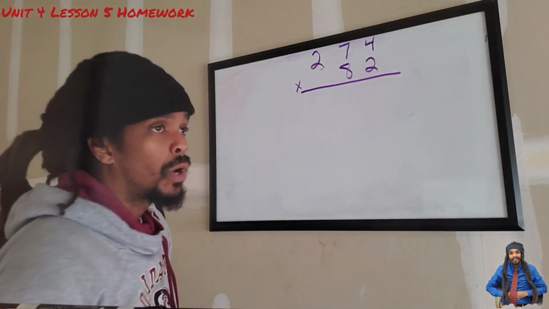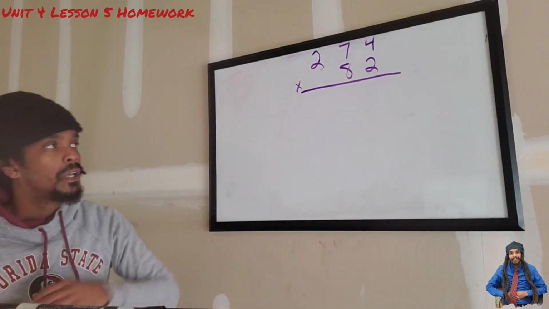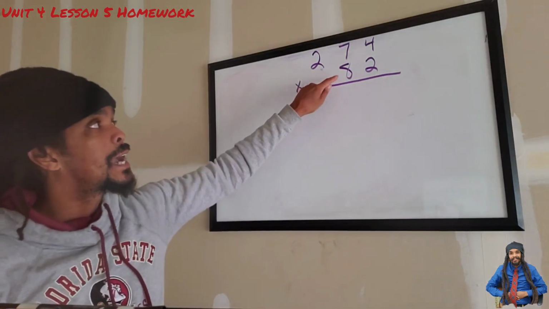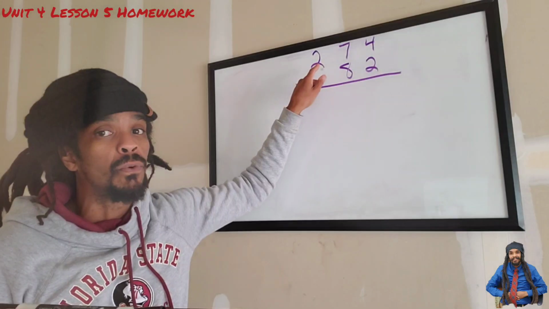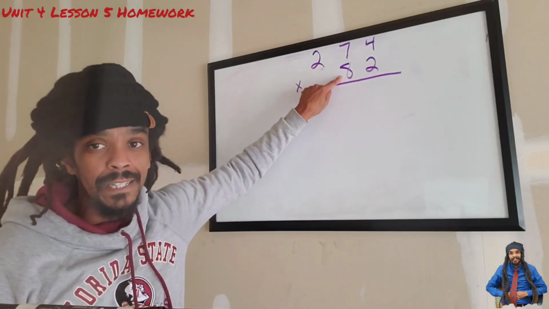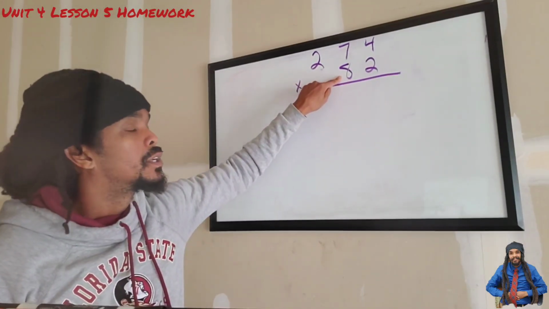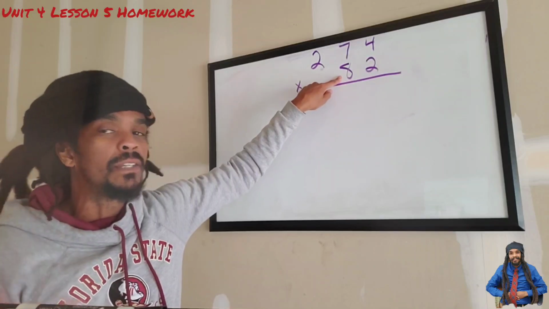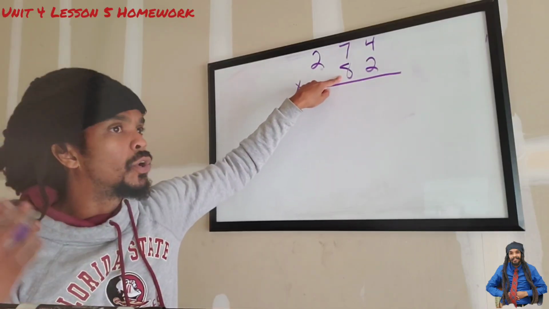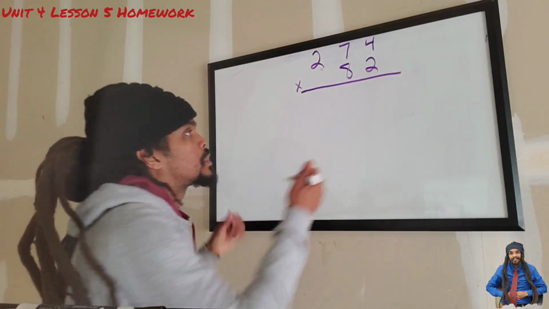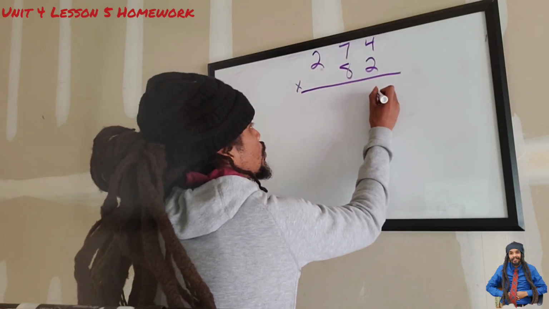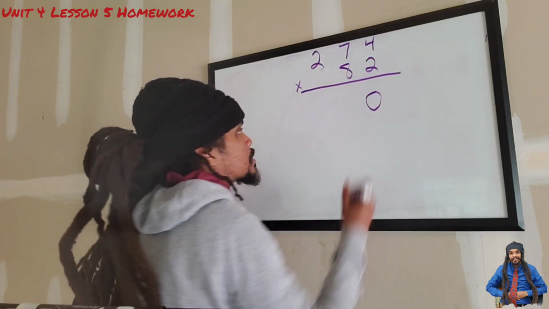The first thing we want to do is, because our second row is not going to be 8 times 274, it's going to be 80 times 274. So the easiest way to deal with this is to put our placement 0 in that second row, beneath the ones place.